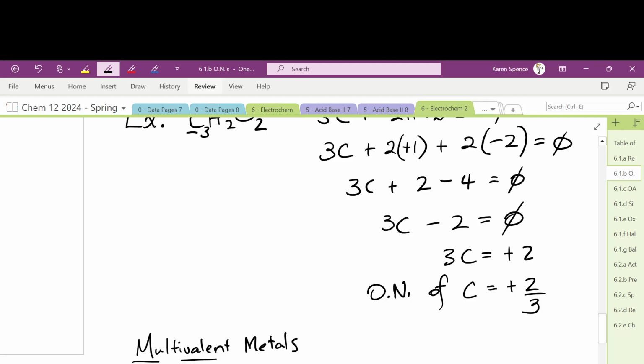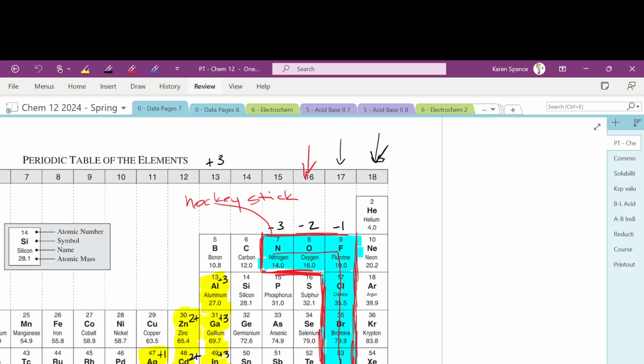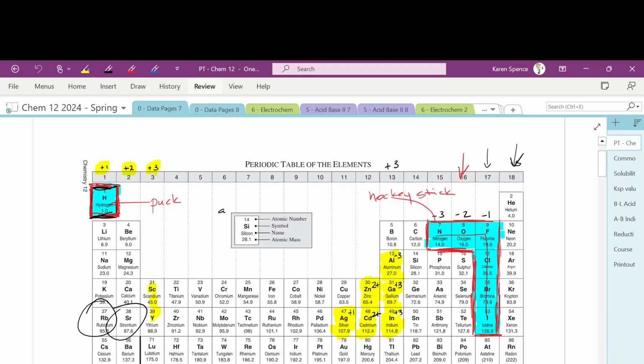Where do you find metals that have more than one charge on your periodic table? You don't know? In the middle, okay? And a few over here, right? You're like, okay. I just don't know the charge of them, all right?